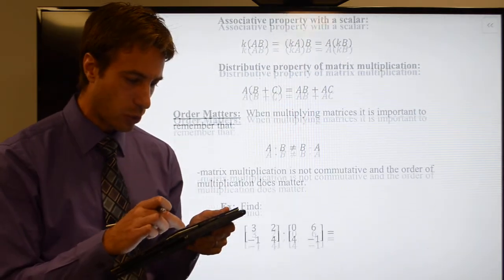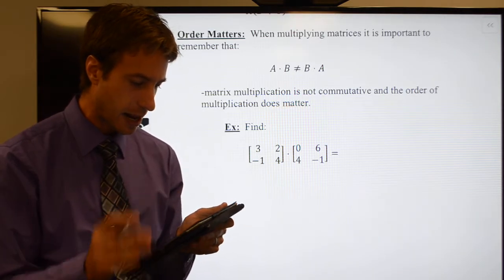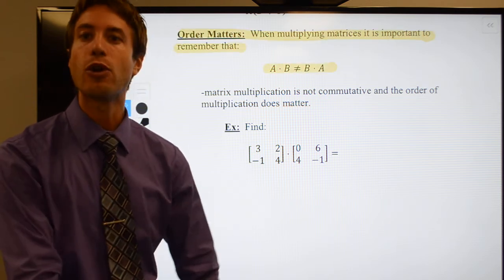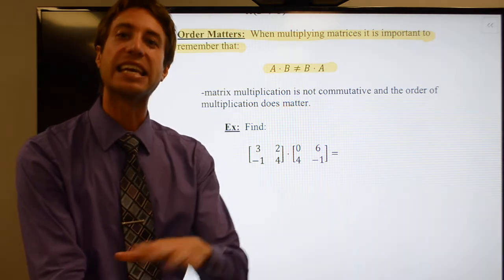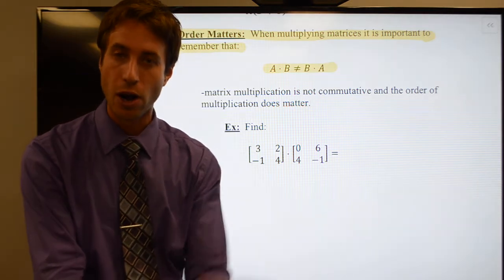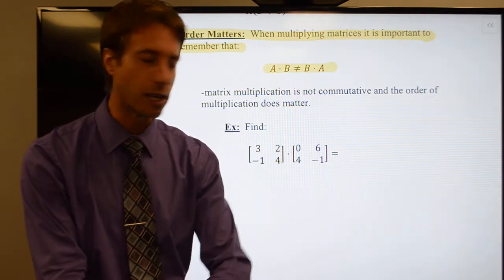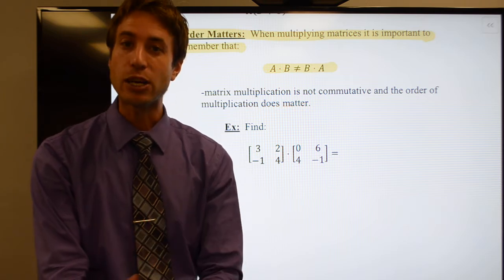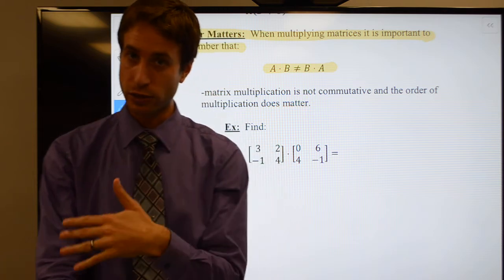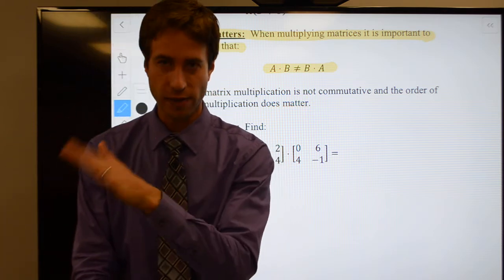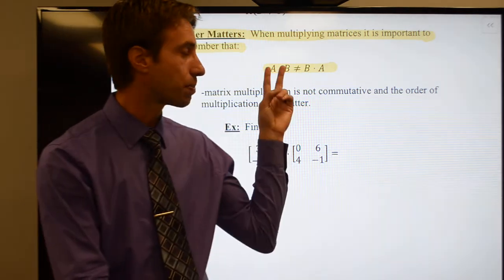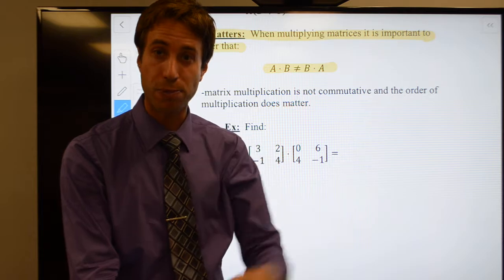What I really want to point out, and I cannot emphasize this enough, when it comes to matrix multiplication, remember that order matters, all right? If I give you two matrices, A and B, and I ask you to multiply them together, the product of A times B will not be equal to the product of B times A. In fact, I'm pretty sure I've got an example problem on the next page or two, where I ask you to multiply A times B and we get a product matrix.